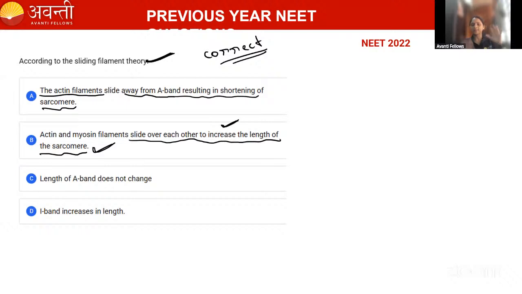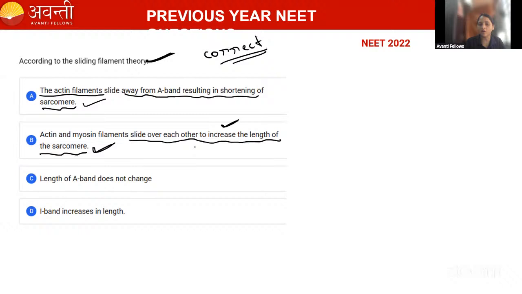What we studied in the contraction is that everything is going to decrease. No increase, only decrease. Yes or no? So the actin filament slides away from the A band, resulting in the shortening of the sarcomere. Slide away, no. Here the actin filament slides on the A band, right? That results in the shortening of the sarcomere.